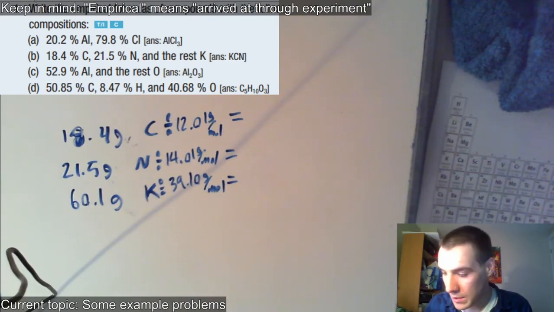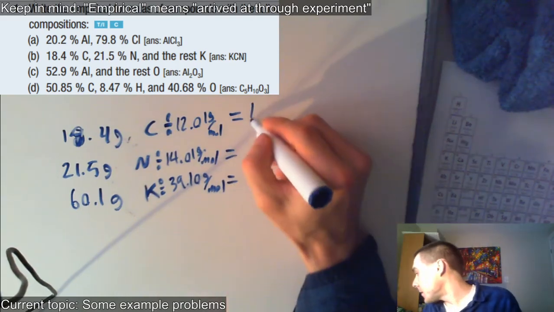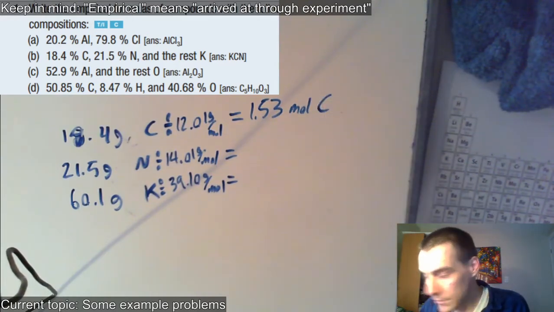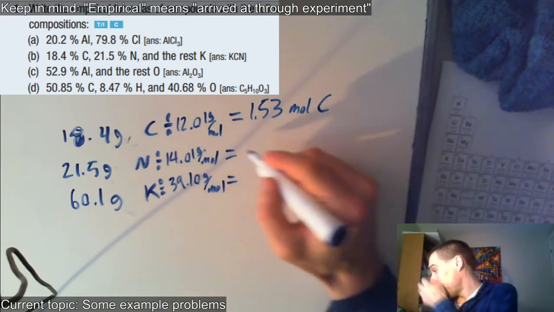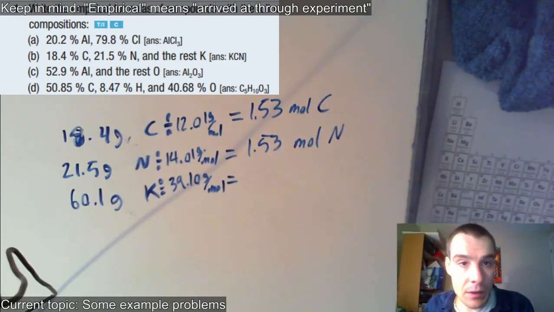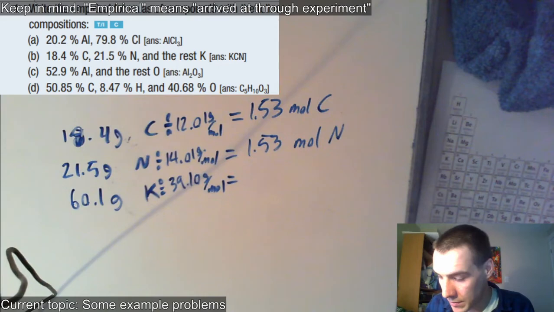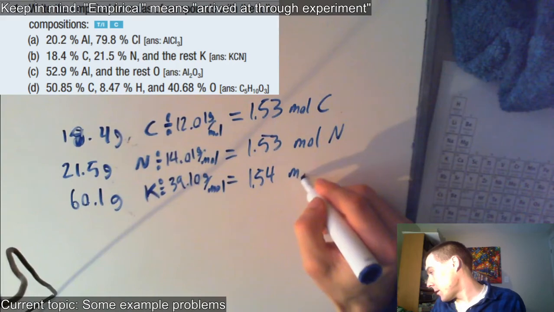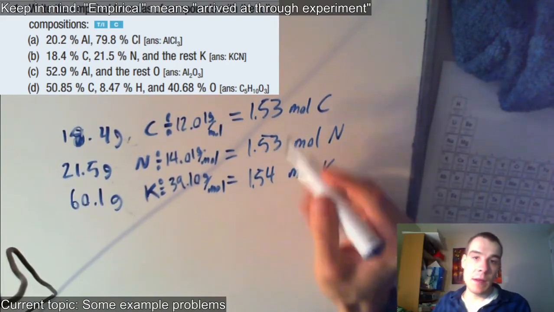So 18.4 divided by 12.01 is 1.53 moles of carbon. We'll do 21.5 divided by 14.01, 1.53 moles of nitrogen, and 60.1 divided by 39.1. Oh, look, it's 1.54 moles of potassium. So they're all basically the same.